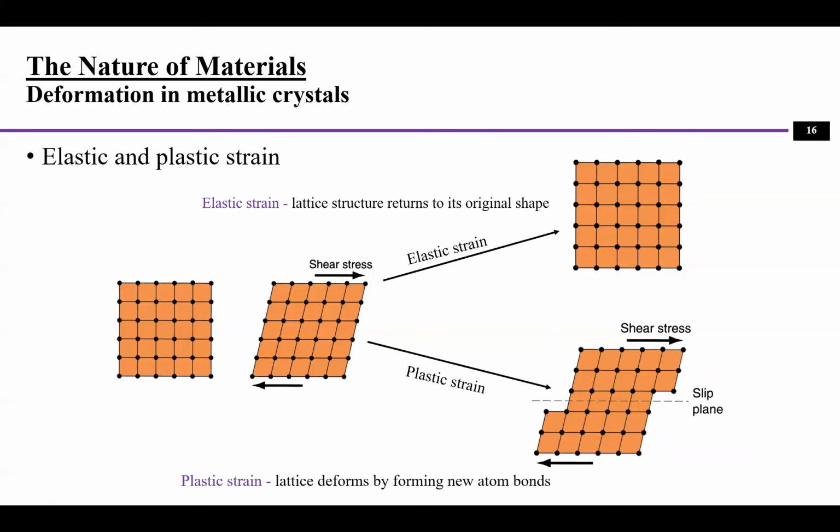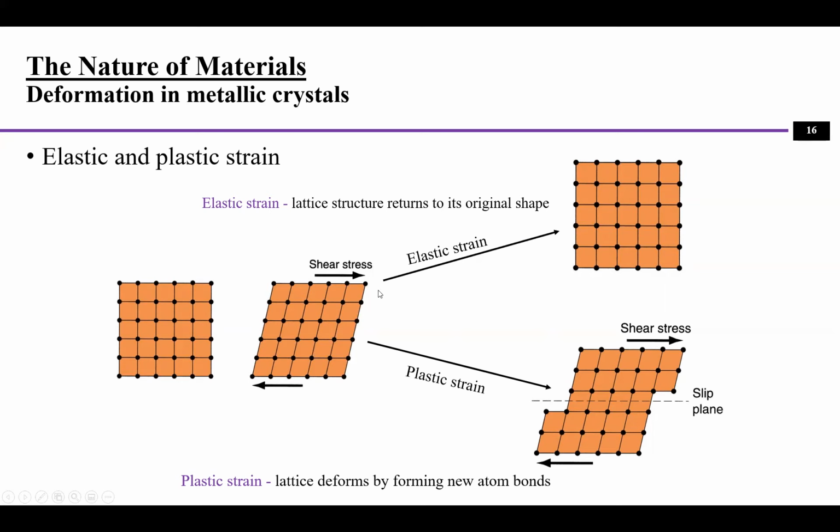And in terms of the deformation in metallic crystals, there are elastic and plastic strains. So elastic means the lattice structure can actually return to its original shape, while plastic strain means it's permanently deformed. Here you can see the elastic ones.